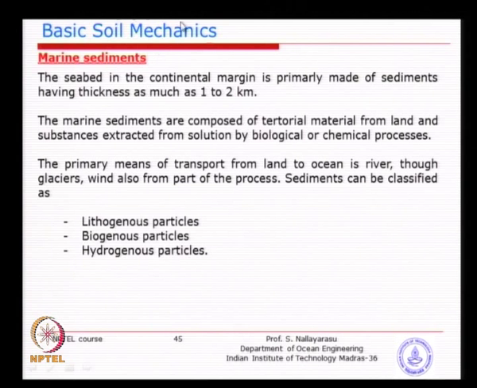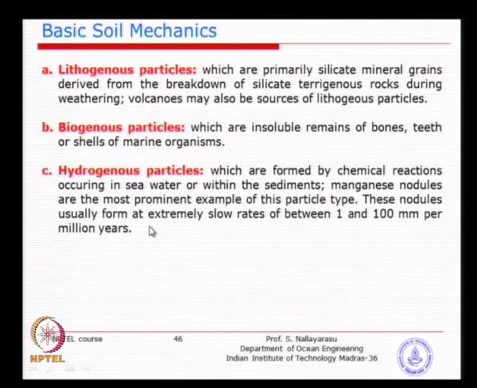Marine sediments can be divided into three categories, as you can see here: lithogenous, predominantly silicate type of material, very similar to sand, with a specific particle sizing; biogenous, basically remains of animals, predominantly bones; and hydrogenous, a material formed by chemical reactions.